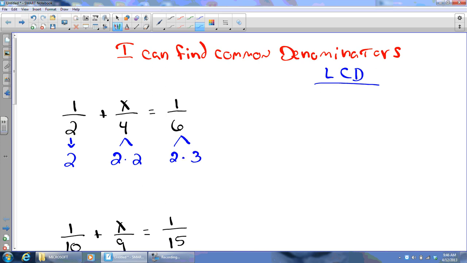Okay. Now, I am going to list factors that need to be represented by my least common denominator. And the cool thing happens when I write a number over here, it gets to represent itself one time in every denominator.